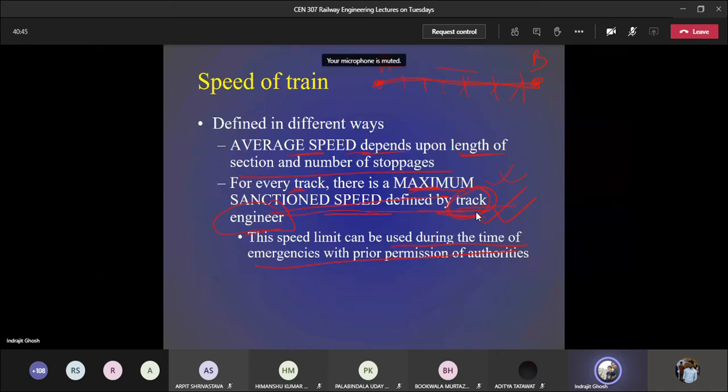From there you get certain values: 15th percentile, 50th percentile, 85th percentile, 95th or 98th percentile. The highest value that you get, that is the design speed with which we engineers design. And you say that the 85th percentile is basically the speed limit that we should mention.